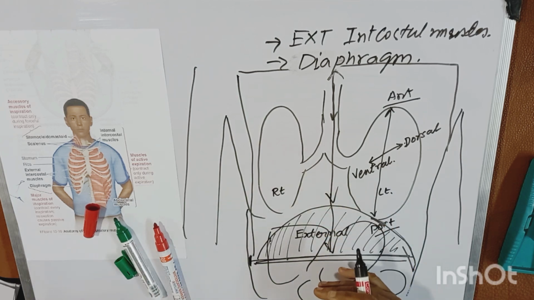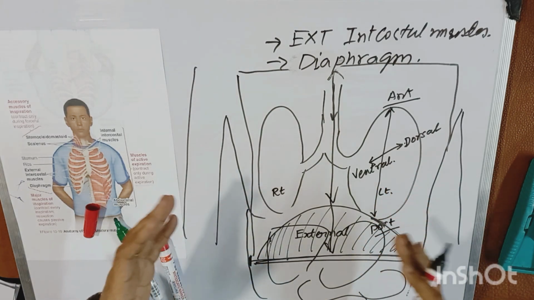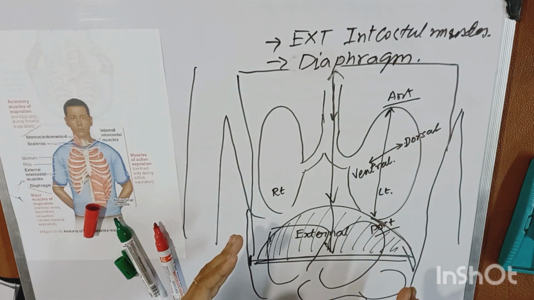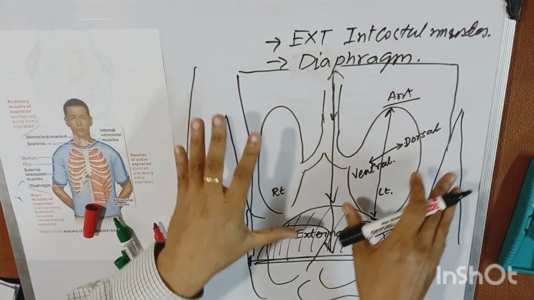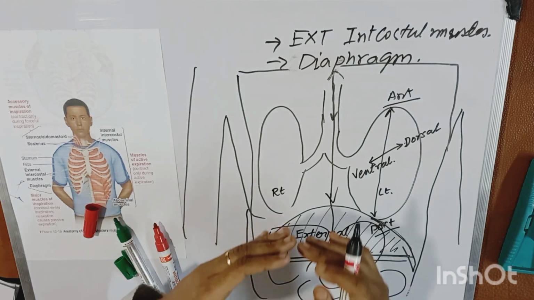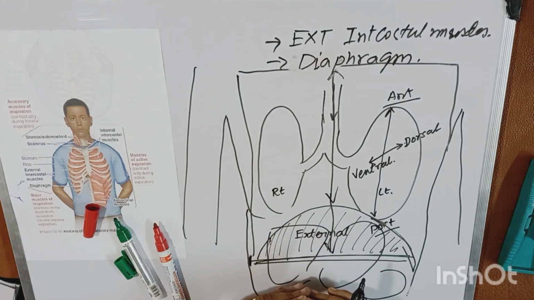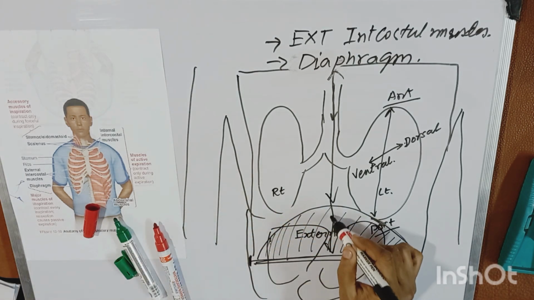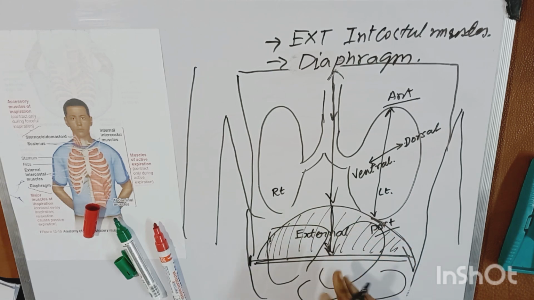When the diaphragm pushes down, the abdominal muscles relax, the abdominal contents go outward, and you see a protruding of the belly.